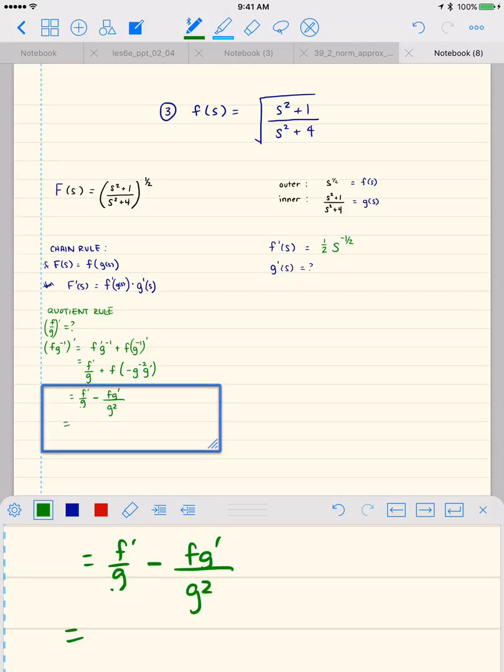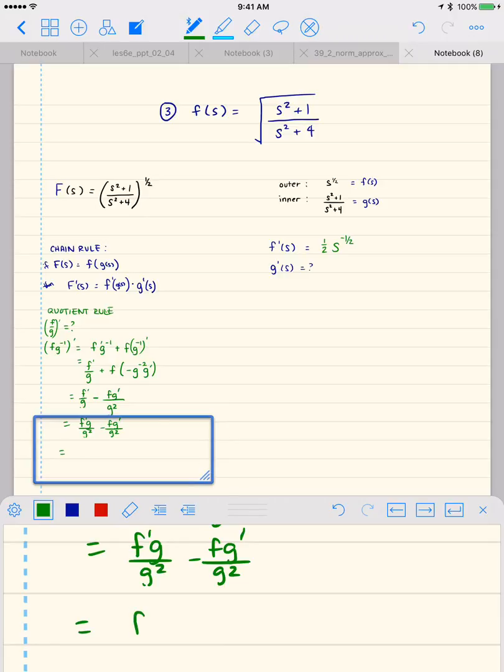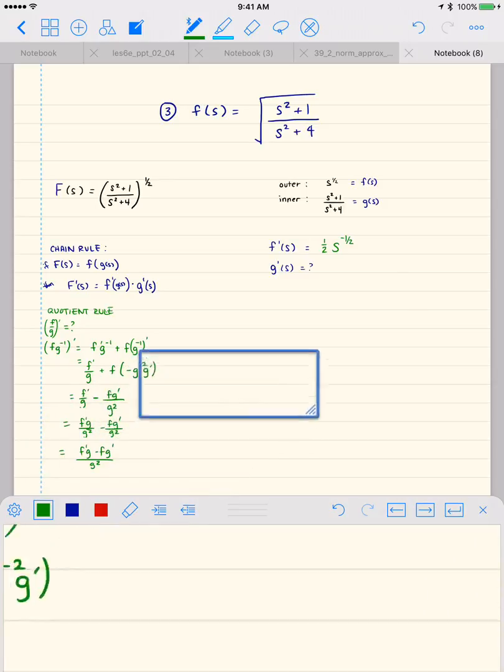And then I get a common denominator, f prime g over g squared minus f g prime over g squared equals f prime g minus f g prime over g squared. Okay.